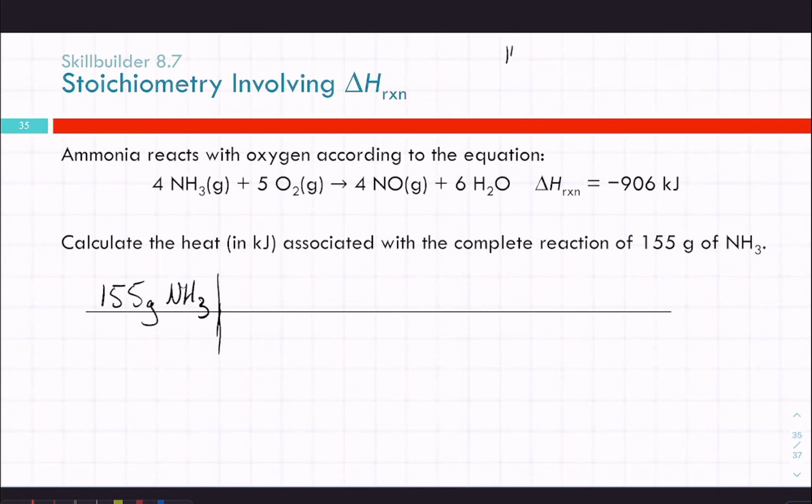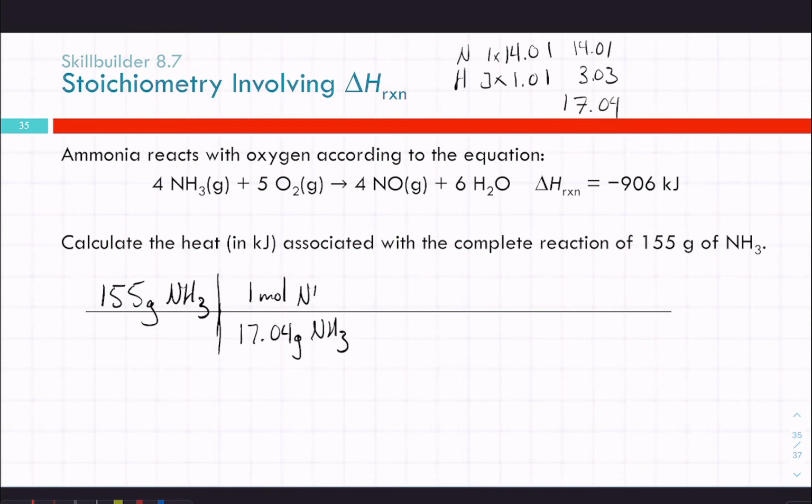Right, so ammonia is going to be 14.0? Oh, it's 14.01. So we've got nitrogen, hydrogen. So this is going to be 17.04. So 17.04 grams of ammonia is 1 mole ammonia.